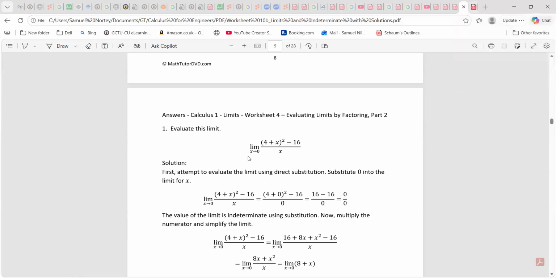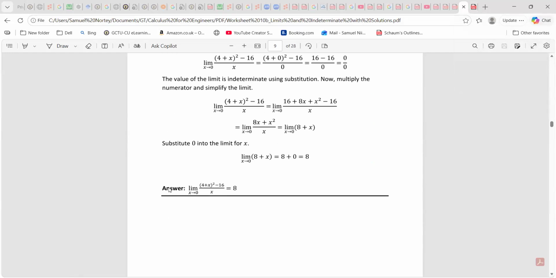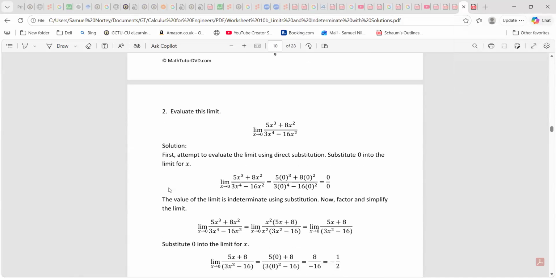For that, they give you the answers, but this one has the detailed solution. So what do you do? First, attempt to evaluate the thing directly, like I said. And then when you identify the indeterminate form, then we know what to do. Whether we need to use difference of two squares, we do that. Okay, so this is quite detailed. All the 20 questions have been solved, and it's in the worksheet.